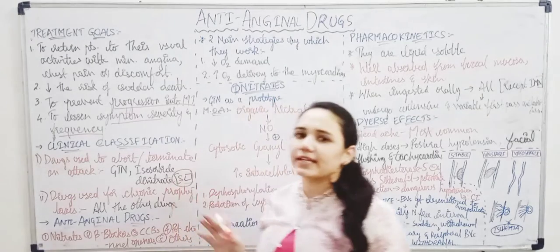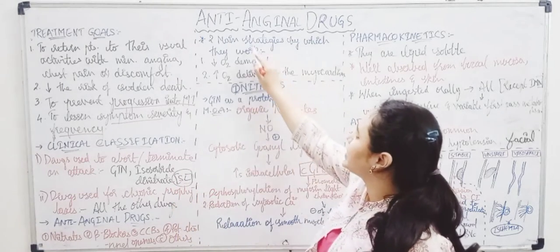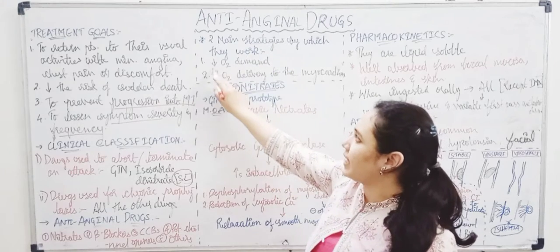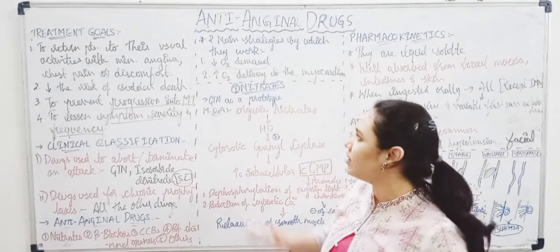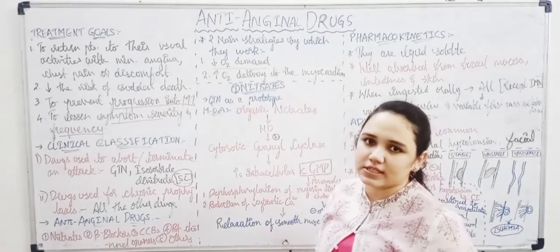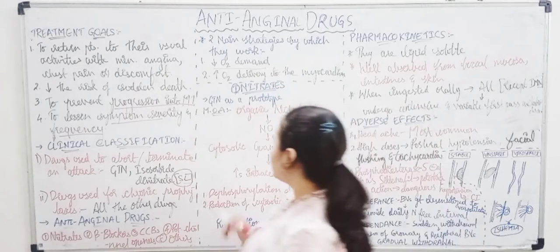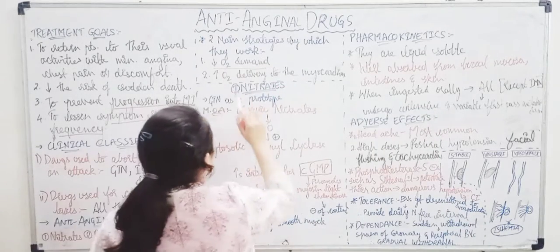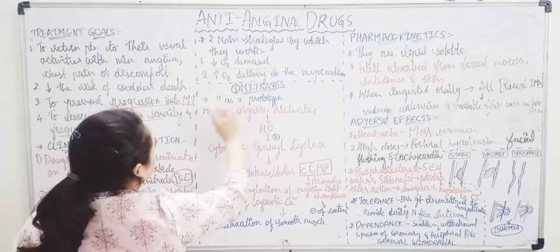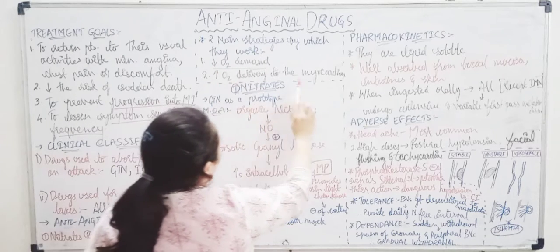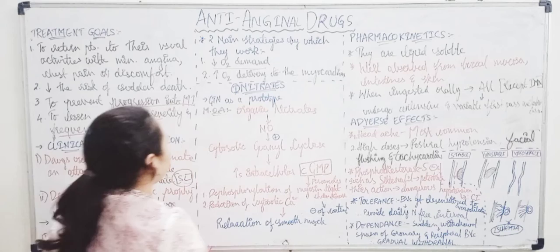So the drugs acting in angina, the main strategies by which they act is they either reduce oxygen demand or they increase the oxygen supply. So the two main strategies are reduction in oxygen demand or increase of oxygen supply to myocardium.